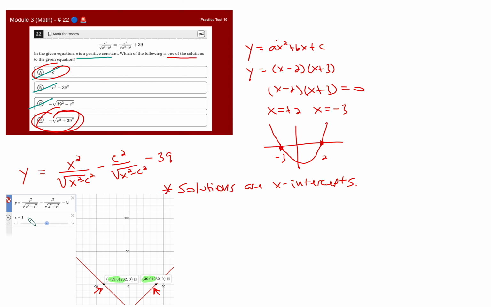So once we found c with the slider that gave us these two solutions here, we just plugged in the c that satisfies these conditions, that it's a positive constant, and you just plug it into the options until you get your answer. So our answer is D.